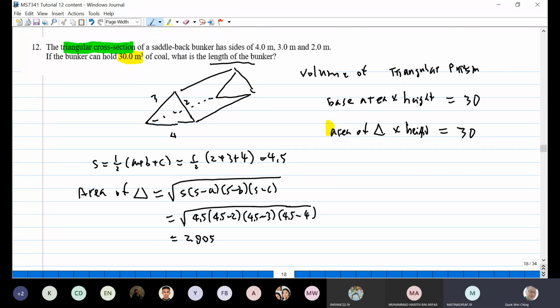Basically, it's 2.904. So that means I can find the height now, which is also the length of this bunker here. So the height, which is the length here, is equal to 2.904.